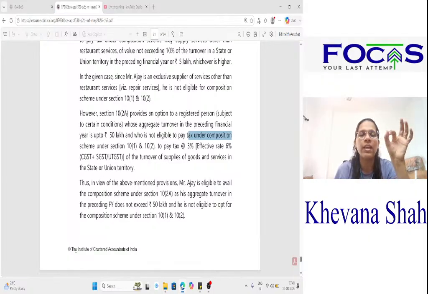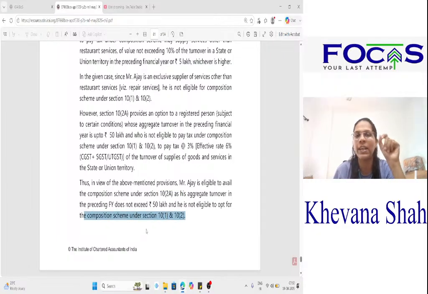Now, in view of the above mentioned provisions, Mr. Ajay is eligible to avail the composition scheme under section 10(2)(a) as his aggregate turnover in the preceding financial year does not exceed 50 lakh and he is not eligible to opt for the composition scheme under section 10(1) and 10(2).